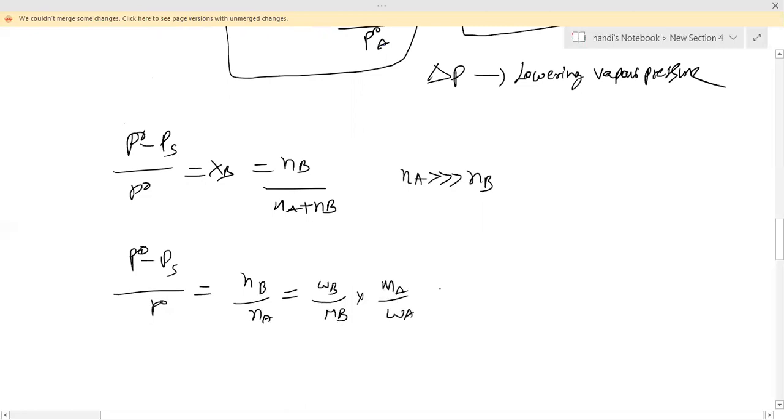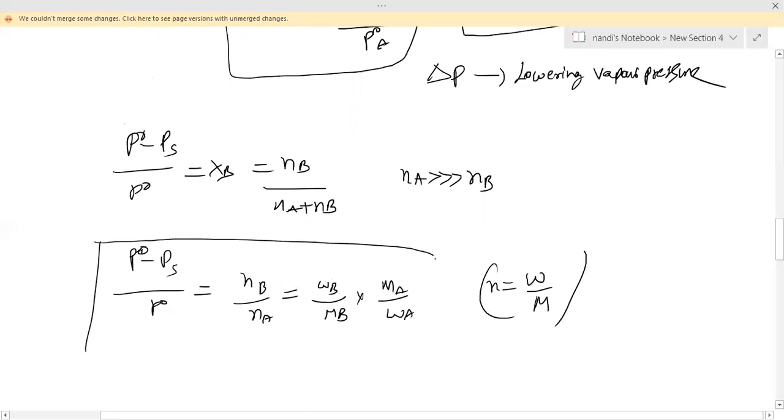You know that number of moles equals given weight by molecular mass, so you substitute WB by MB in place of NB. This is for dilute solutions.